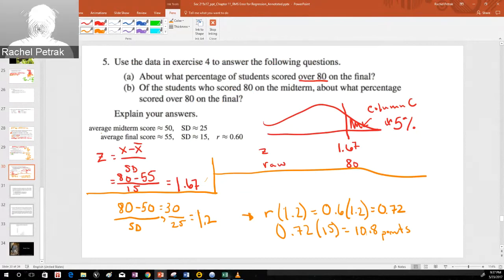So this is 10.8 points above the mean. We need to add this to our average final score.